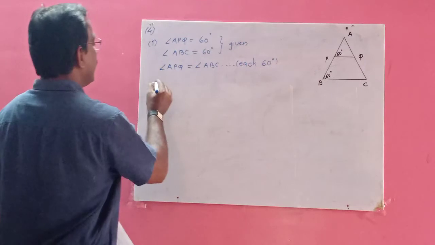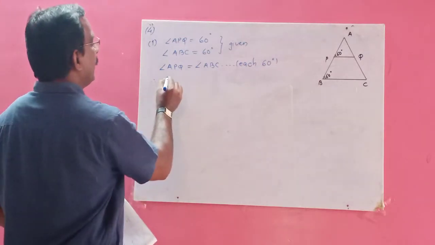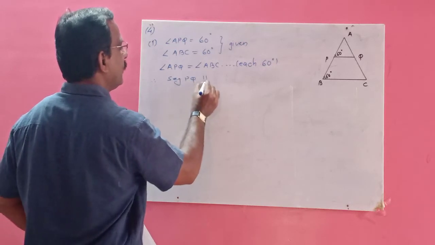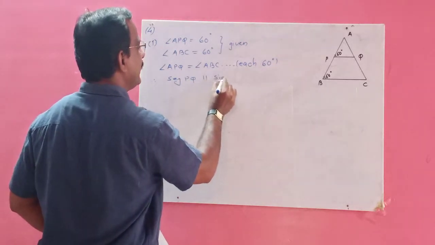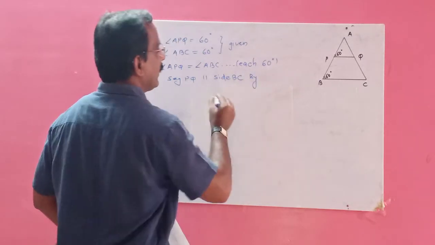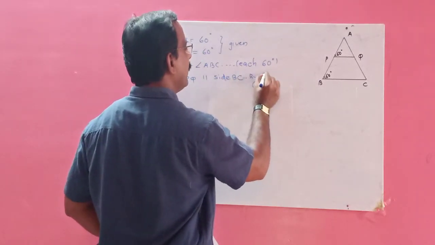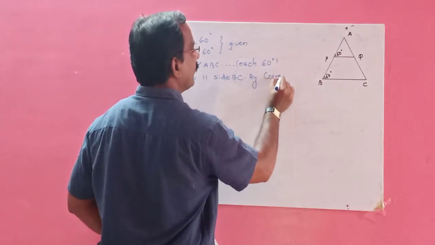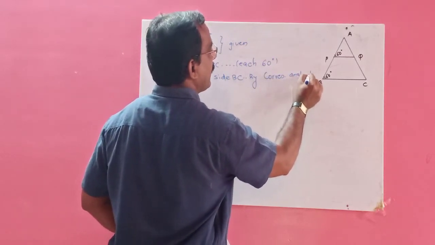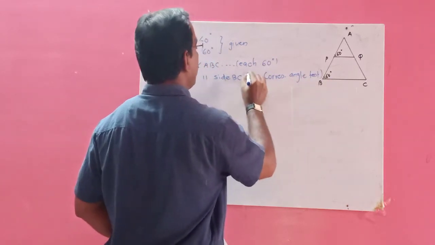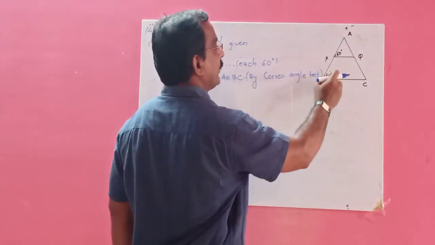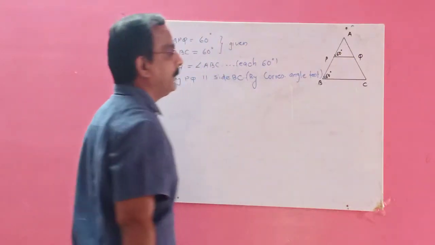So here you can say, therefore, side PQ is parallel to side BC by corresponding angle test. Because these two are corresponding angles, you can say that these two are parallel.